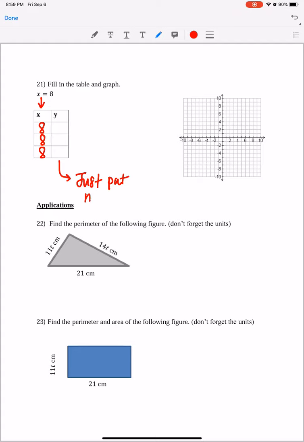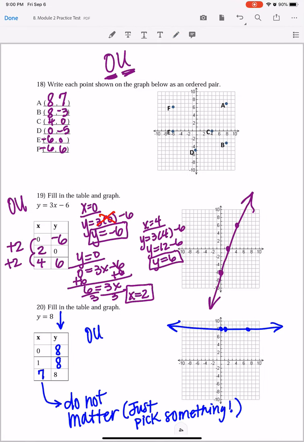It does not matter. We'll put any number. So I always like my classic 0, 1, 2. But again, just like this one here, you can put any numbers, you're still going to get that straight line.